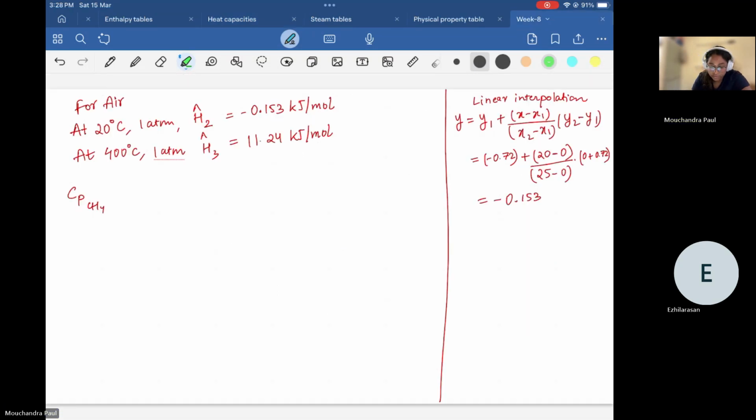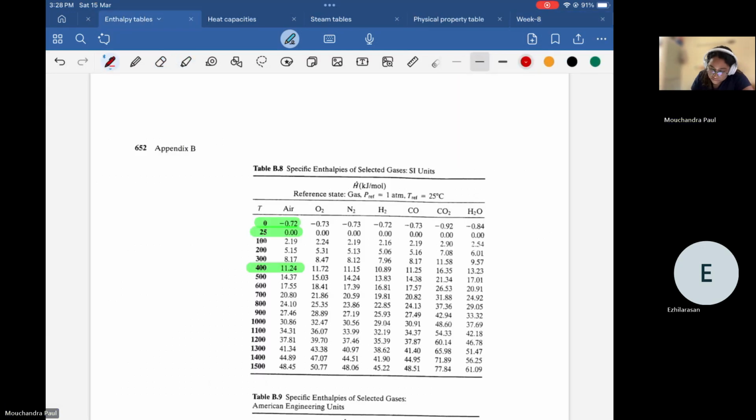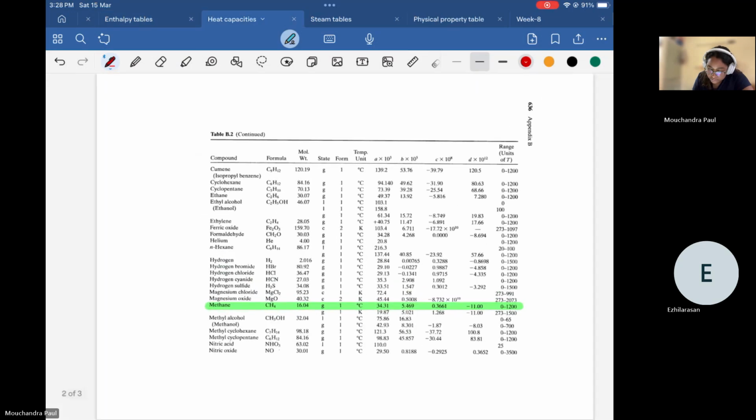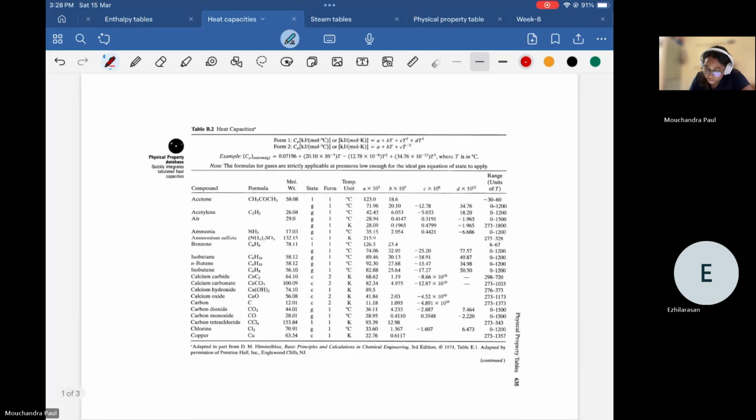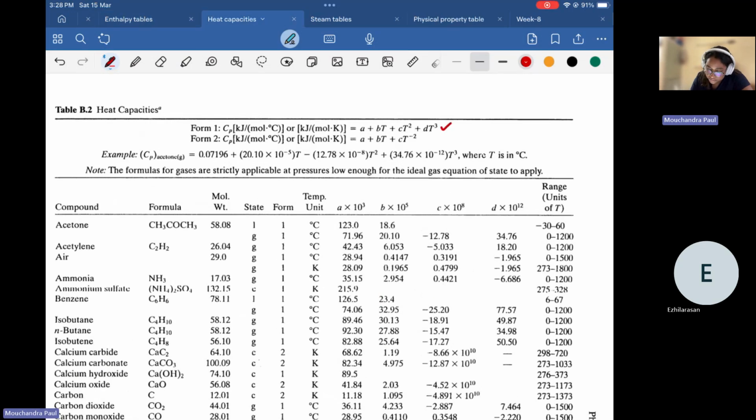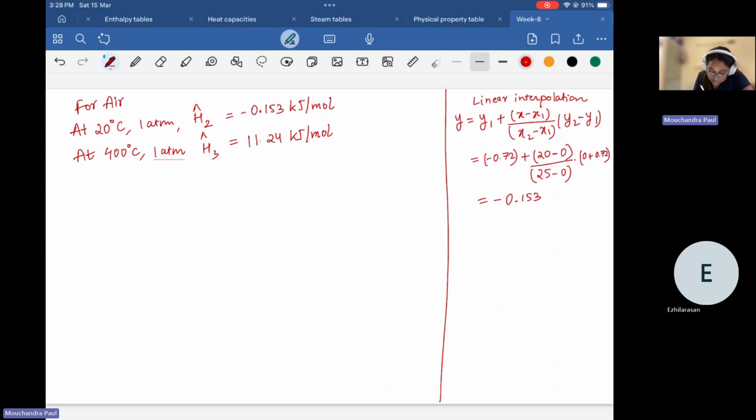So how do we write this equation then? The form of the equation that we'll use is this form 1: A plus BT plus CT square plus DT cube.